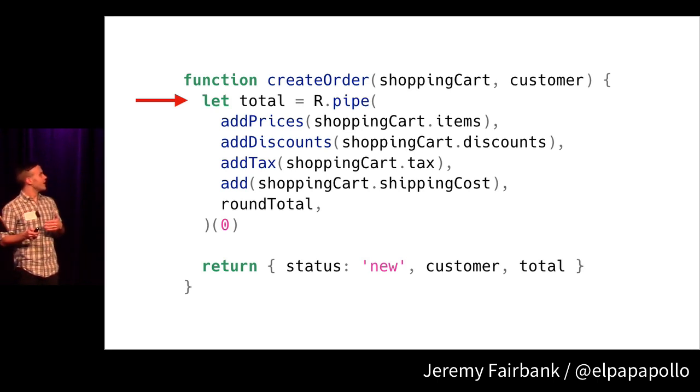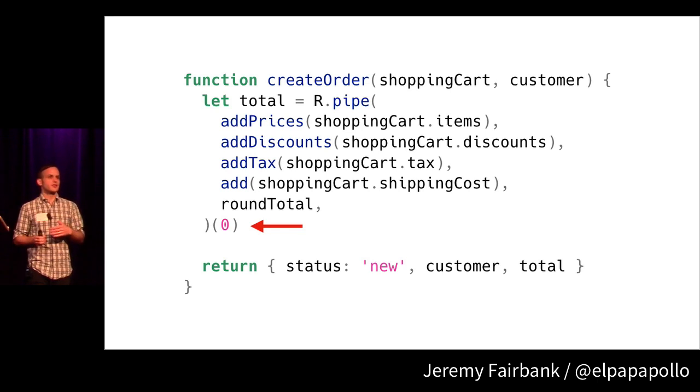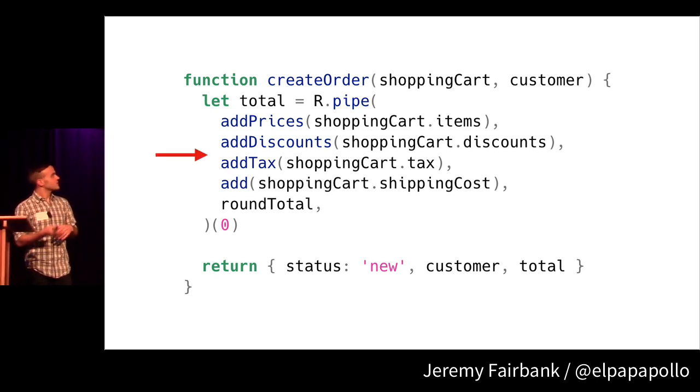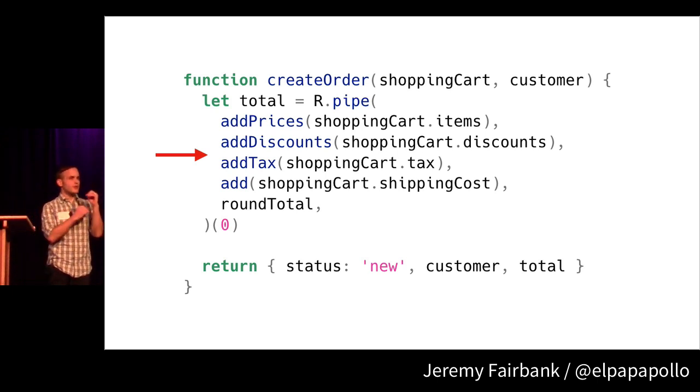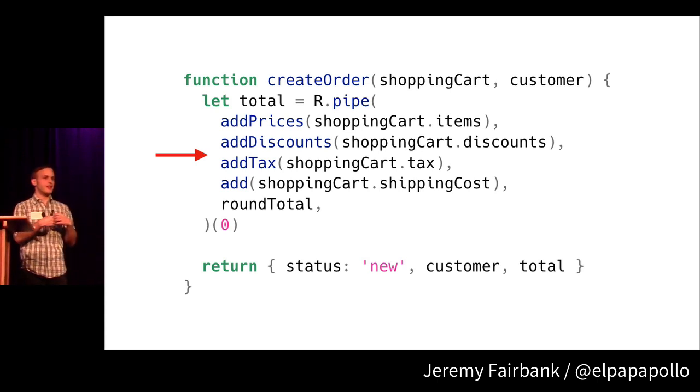So we start off with our pipe, we apply all the functions, and we provide the initial total of 0. And then that 0 is just going to get piped through each function and will accumulate the total with each and every step. And what's nice is now we have all these well-named small functions. We can put them together to create more complex functions, so we can use them within other contexts in our application. And now our code is going to be easier to read, easier to understand.